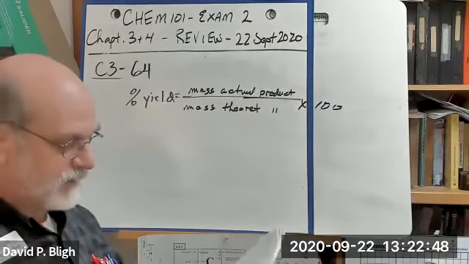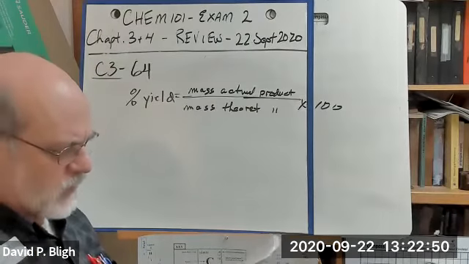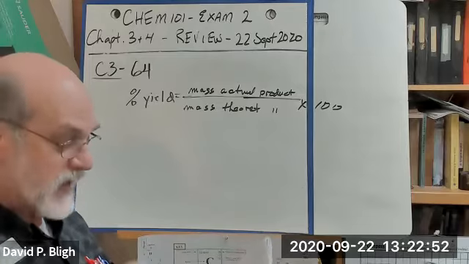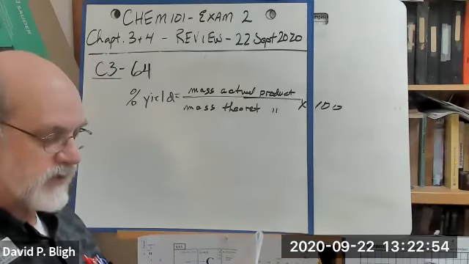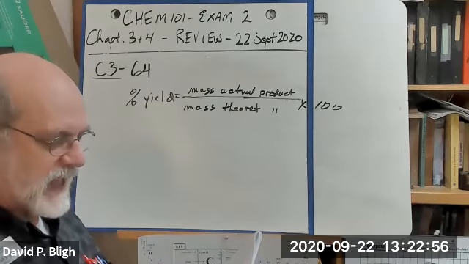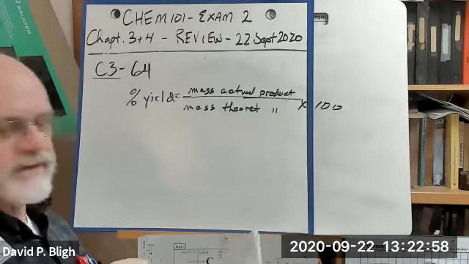Okay? So now we're going to turn that around and say for this reaction, the percent yield for this reaction is 82%. So what does that mean?